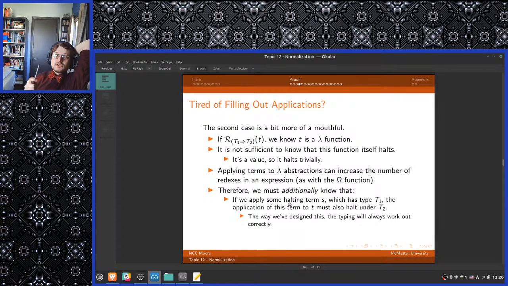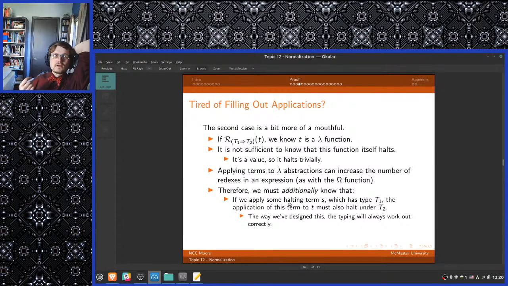Because lambda expressions may introduce additional reducible expressions, that is, additional redexes, you cannot make a similar argument, right? The number of reductions may increase and then decrease later. It may decrease now and increase later.